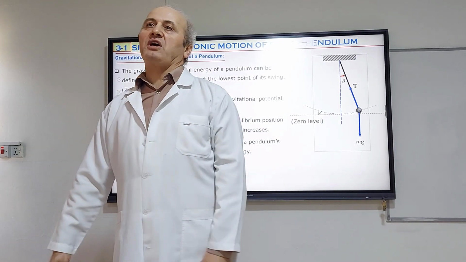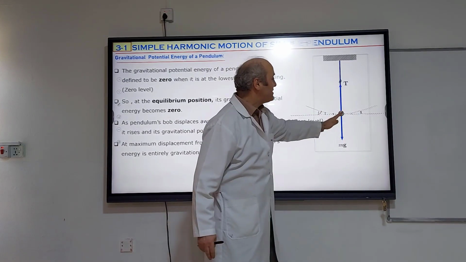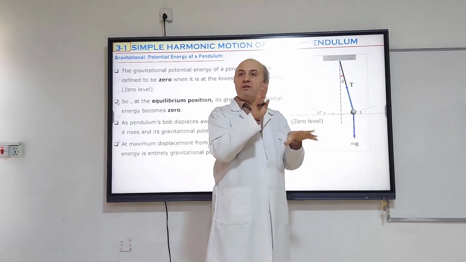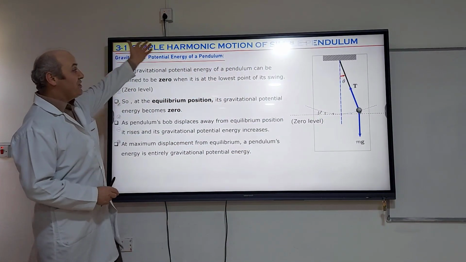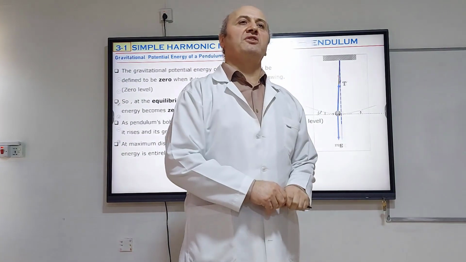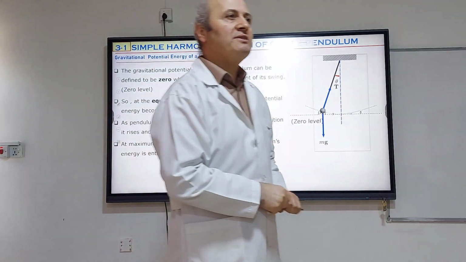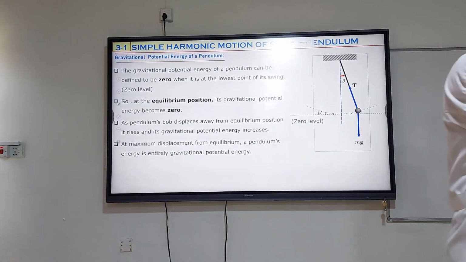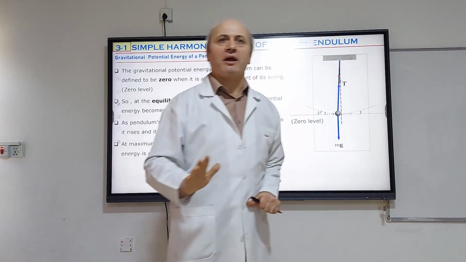Its gravitational potential energy changes. So this system also has potential energy, but it is different from the mass spring system. In the mass spring system, the potential energy was elastic potential energy, but now it is gravitational potential energy. But how they change is exactly the same.